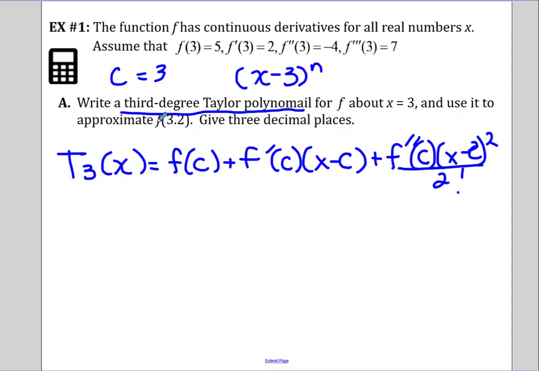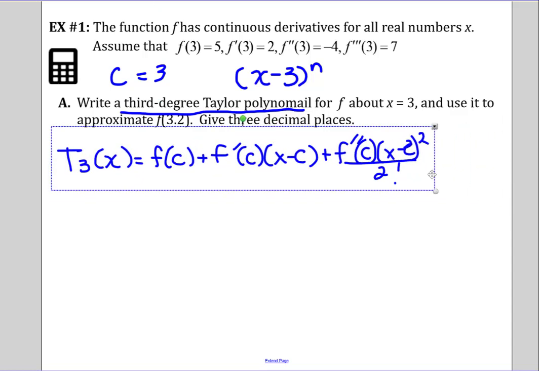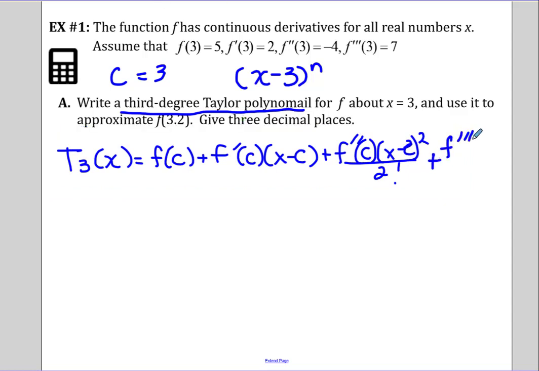And then finally our last term would be the f triple prime of c times x minus c to the third power over 3 factorial.